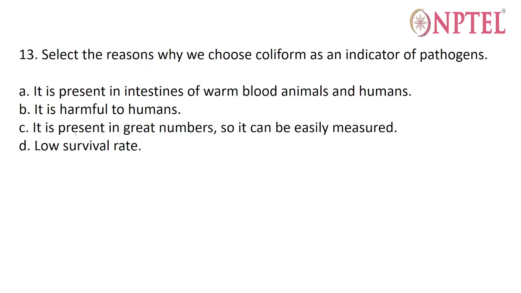So the next one: select the reasons why we choose coliform as the indicator of pathogens. Is present in the intestine of warm-blooded animals and humans, is harmful to humans, is present in great numbers so that it can be easily measured, low survival rate.